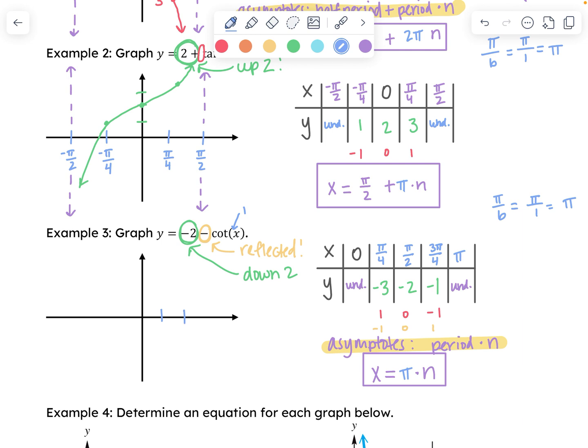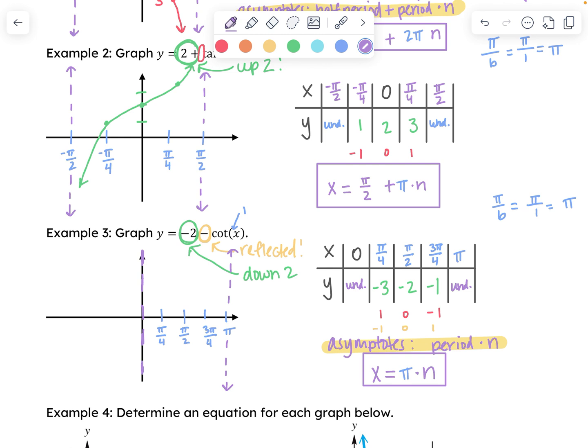Got the pi over 4, pi over 2, 3 pi over 4, and pi. Okay, I'm gonna have my asymptote going up and down over here at the pi, purple, and up in here at 0.